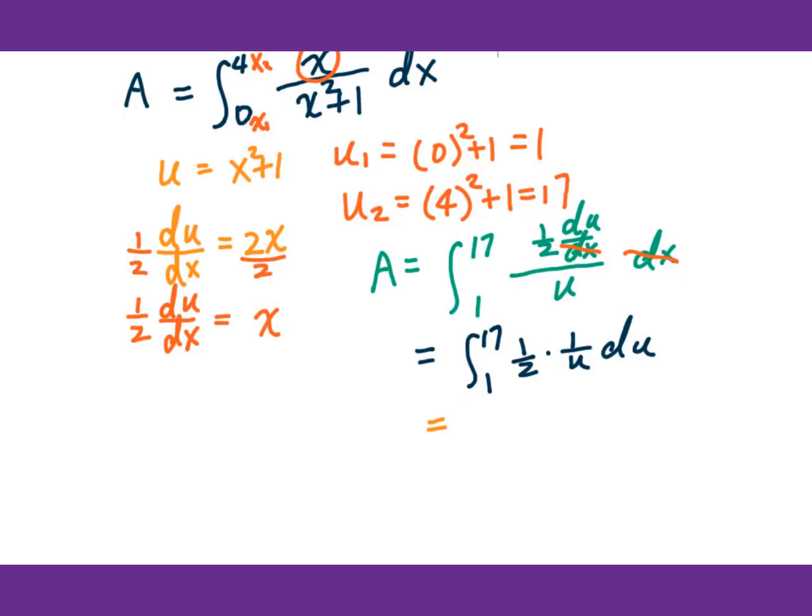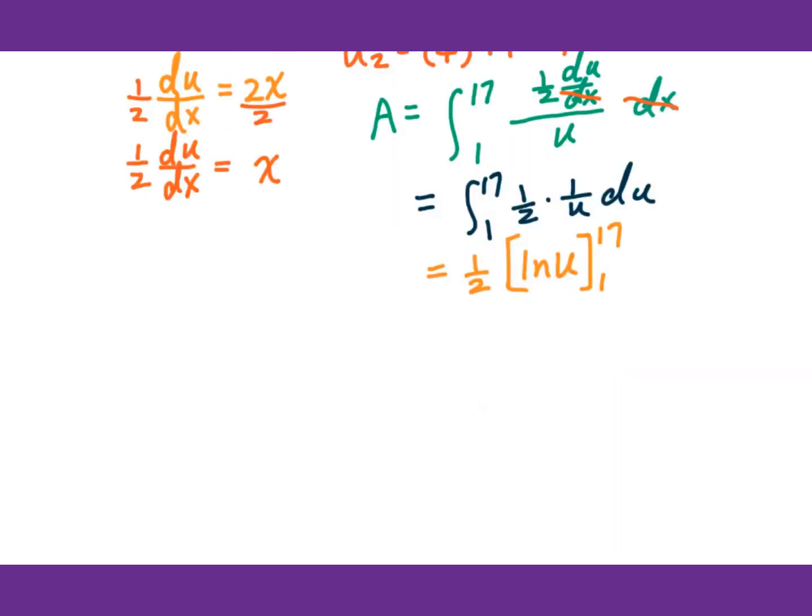Since 1/2 is a constant number, I take it outside. 1 over u means natural log of u. We do from 1 to 17. That is 1/2 times natural log of 17 minus natural log of 1. That is, 1/2 natural log of 17 will be the solution.